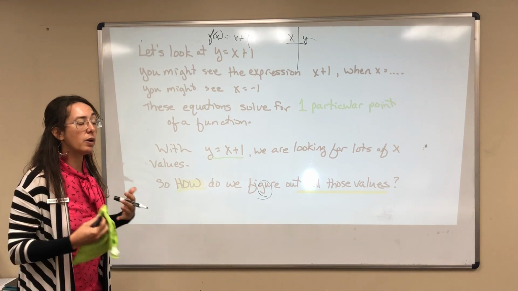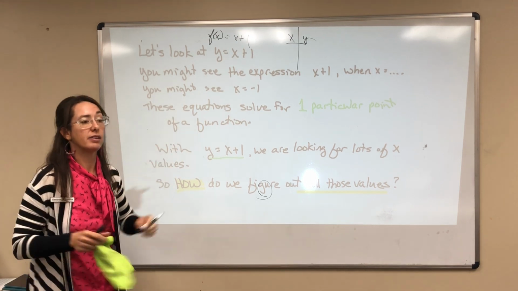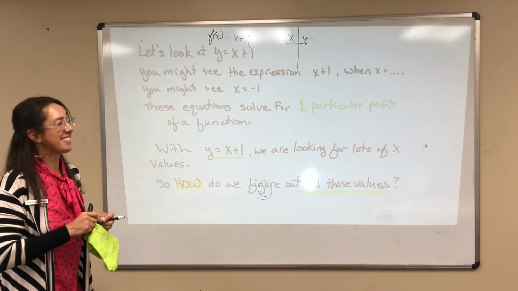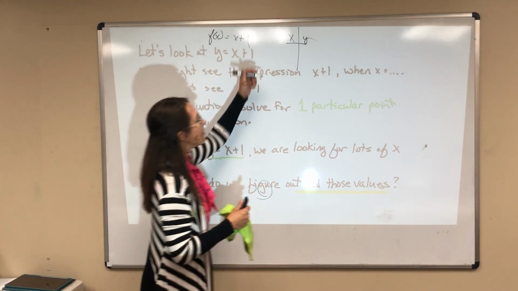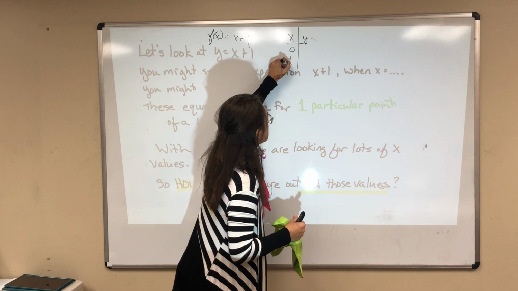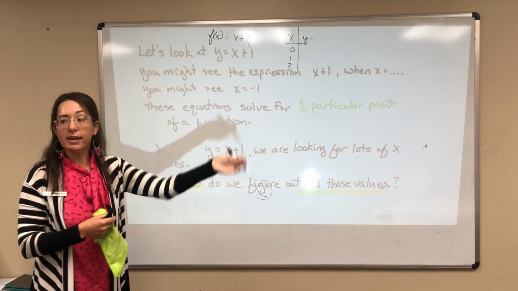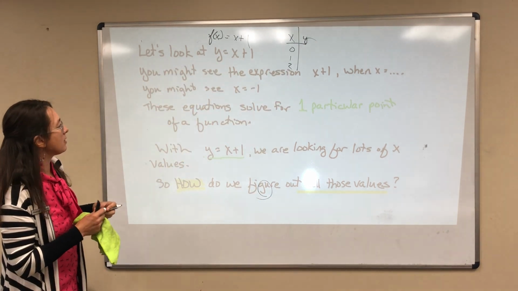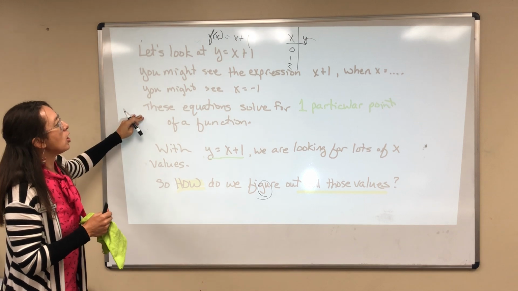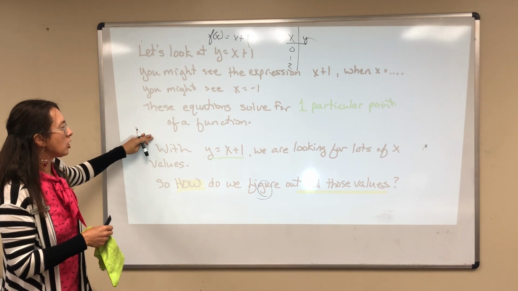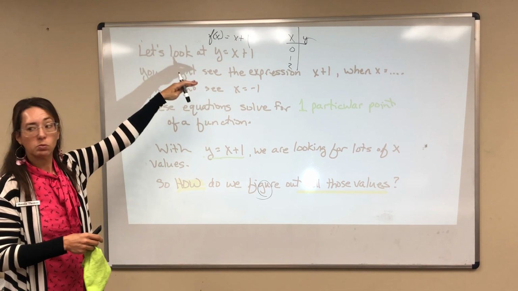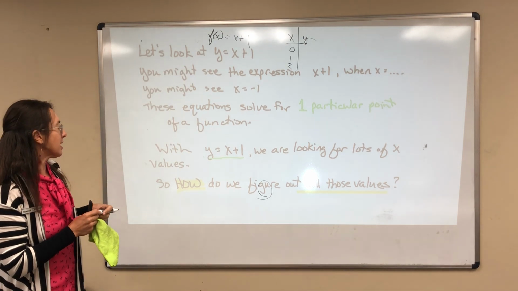It's the one that's choosing. It's independent, the x. So we are going to pick values for x, and then y depends upon whatever we pick for x. So we are always solving for one particular point at a time when we're plugging in those x values.